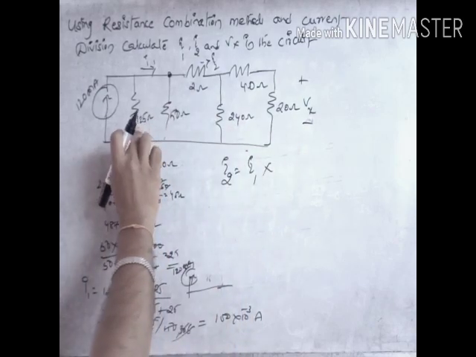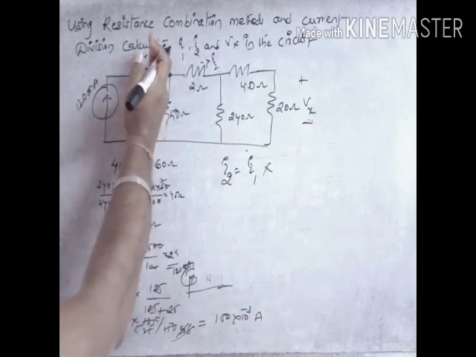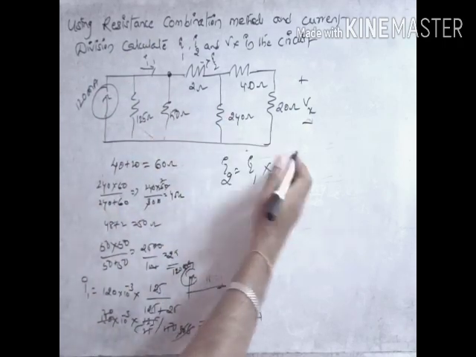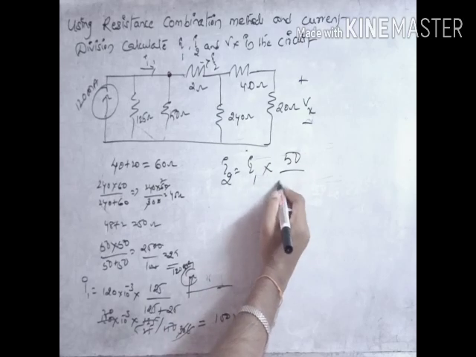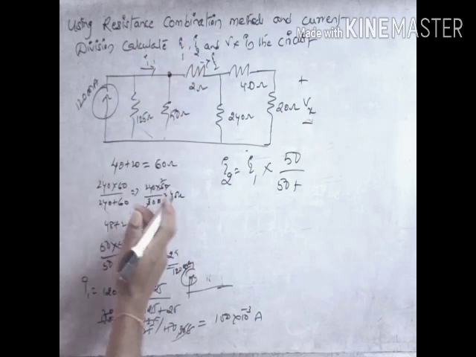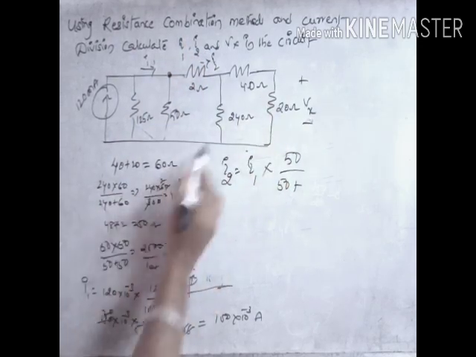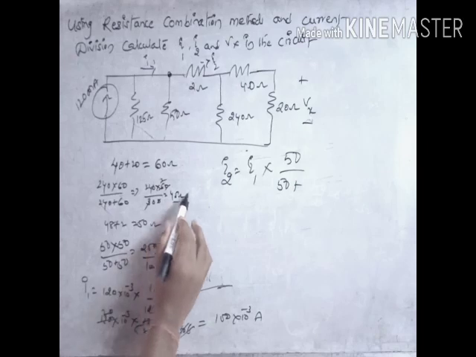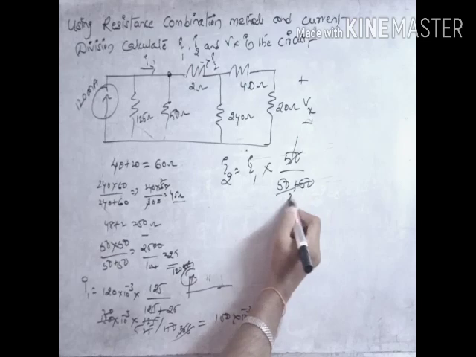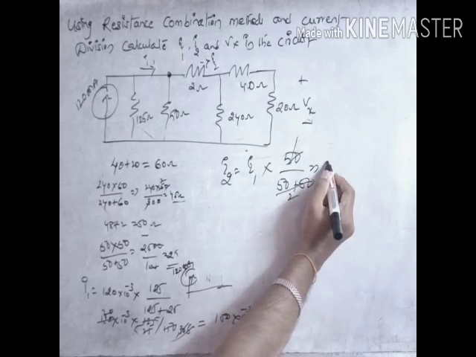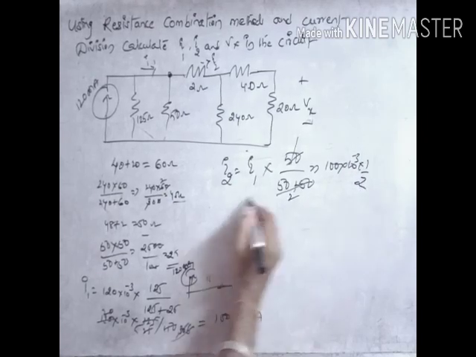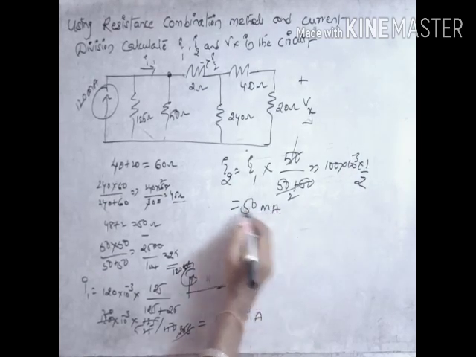We don't consider it in R total, because this is included in this current only. So I1 into 50 ohms, the R2 value, by R2 plus the resistance up to here that we already solved: 40 plus 20 is 60, 60 with 240 gives 48, and 48 plus 2 is 50. So 50 by 50 plus 50 is 1 by 2. I1 we already calculated as 100 into 10 to the power minus 3, into 1 by 2, that means 50 milliamperes is I2.